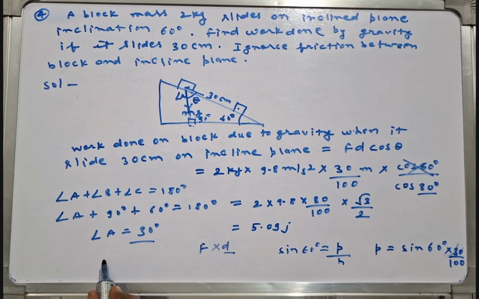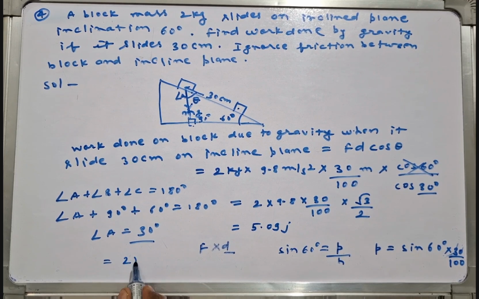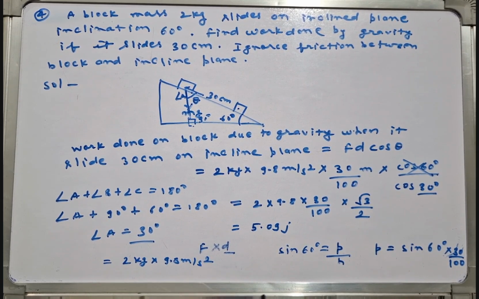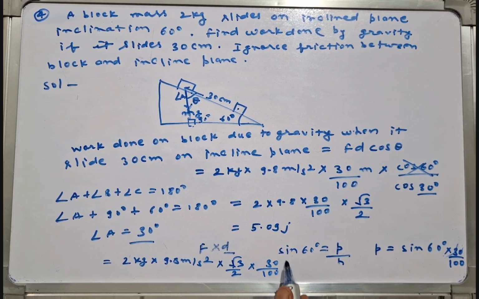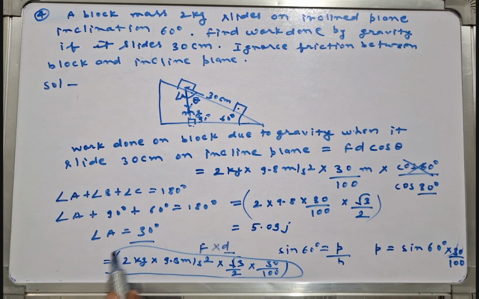So finally, M is 2 kg, 9.8 meter per second square is the force, the weight of this one. Now displacement D in the direction of this one, so you can write here root 3 by 2 into 30 by 100. Okay, so see the same thing is again coming, and again you will get the same result.